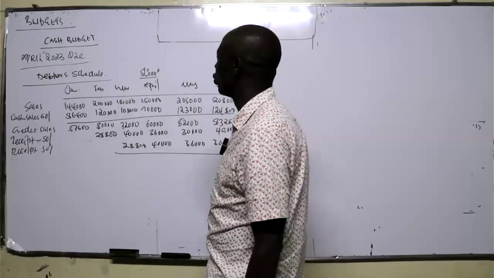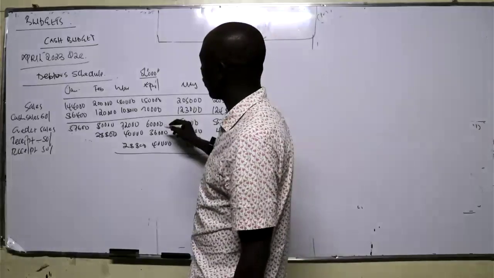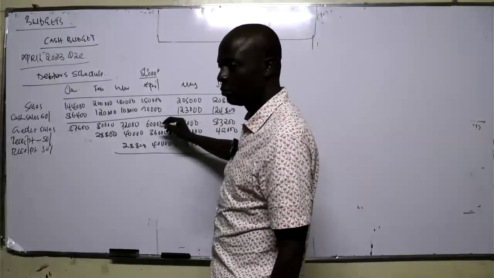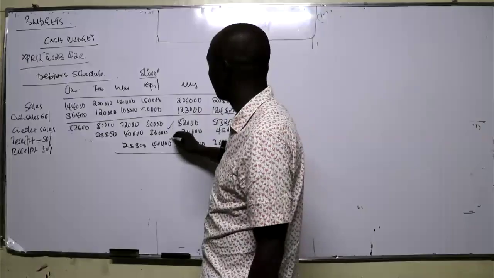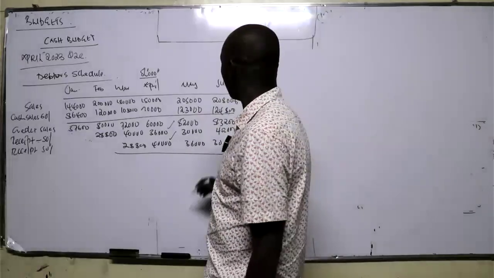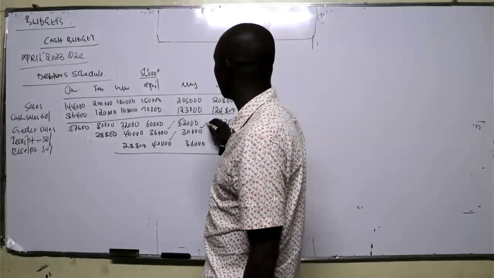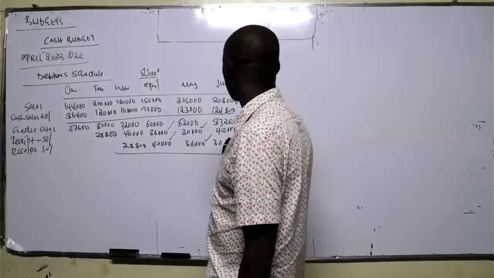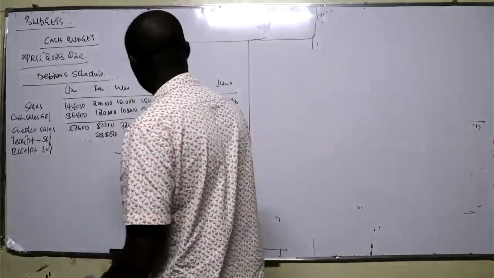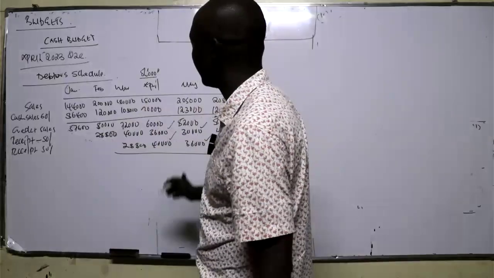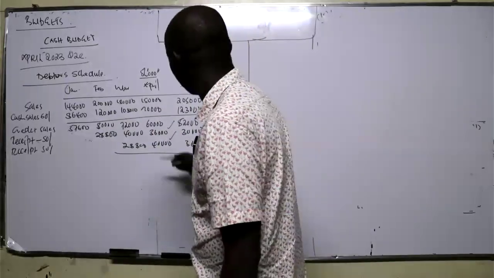So our budget period is covering between April to June. Now we find out in those months, for credit sales in April, we are being paid 36 and 40. In May, we are being paid 30 and this one. So the receipts from debtors in April will be 76,000, this amount and this one.